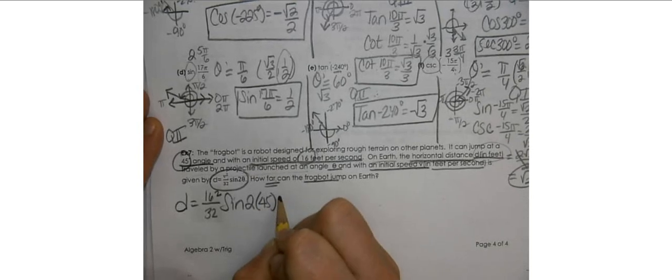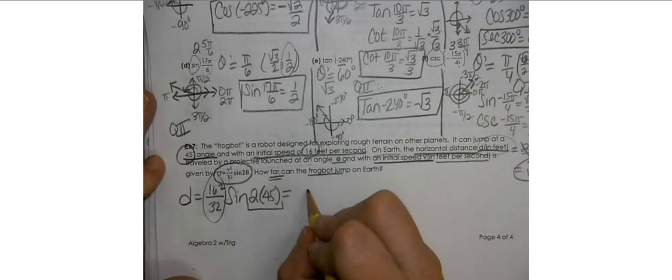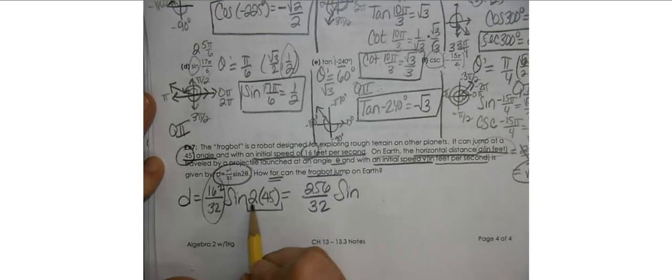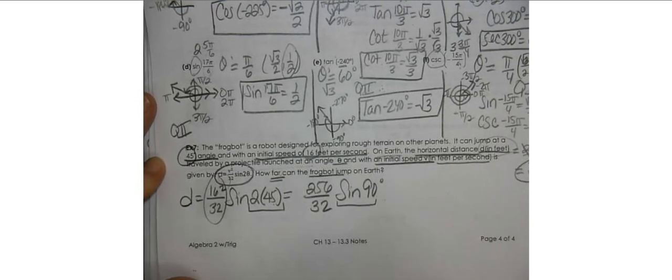So that means that I need to simplify this. I would strongly recommend that you work with your fraction individually and you work with your degrees individually. So 16 squared is 256. And that's going to be divided by 32, and we're going to multiply it by the sine of 2 times 45, which is 90 degrees. The sine of 90 degrees, well, let's think about this.